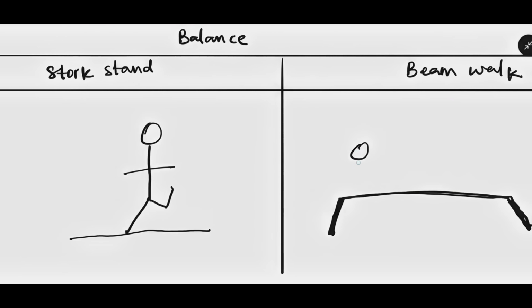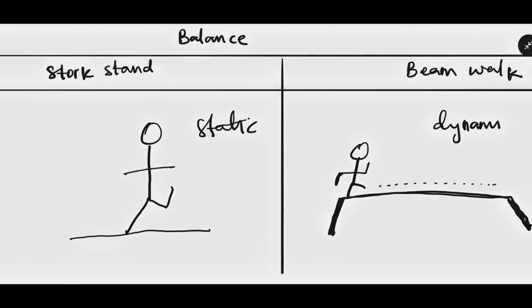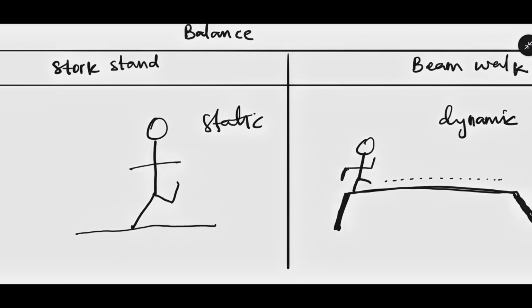So the participant would walk across the beam, controlling the movement without falling off. So that's the difference. This measures static balance, and this tests dynamic balance.